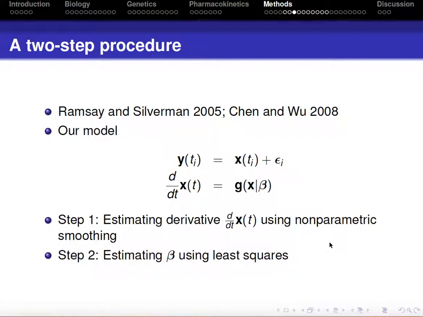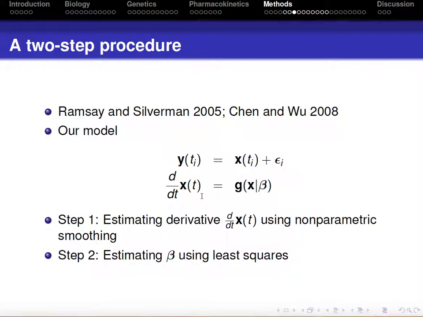Here, we want to find the ODE parameters beta such that x will fit the data as well as possible, right? If you look at this ODE model, what is unique about it is that the left side is the derivative of x with respect to t, right?